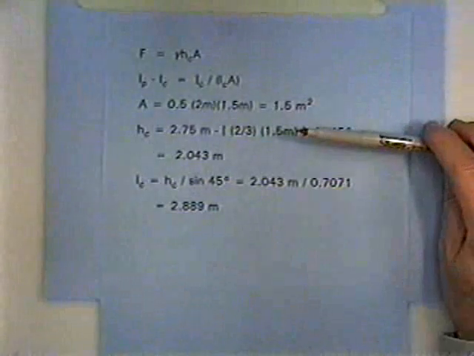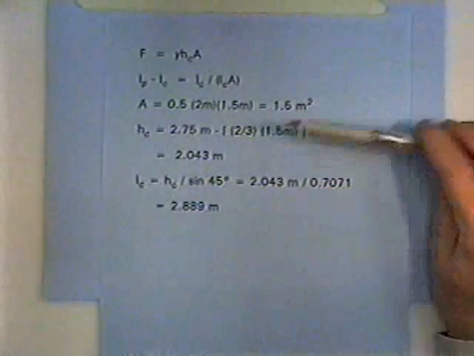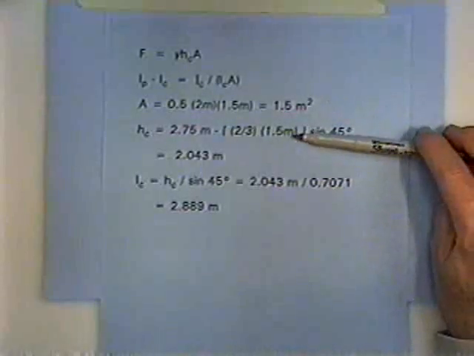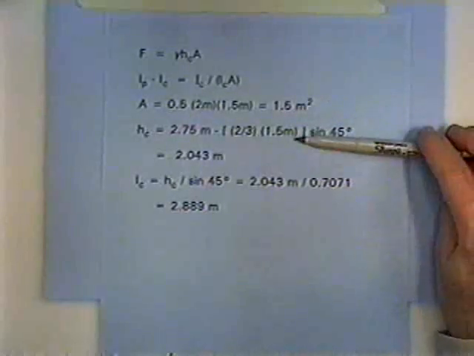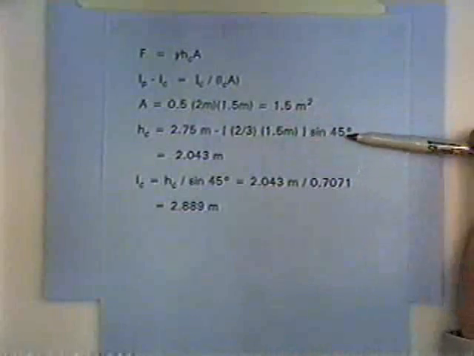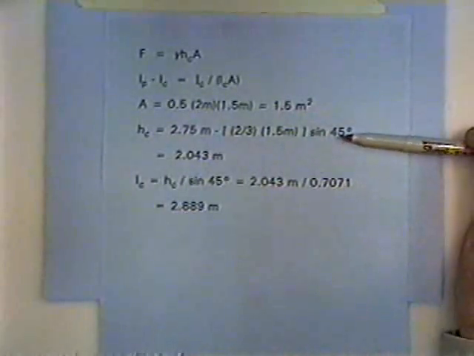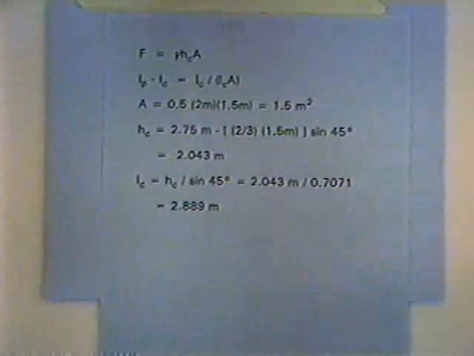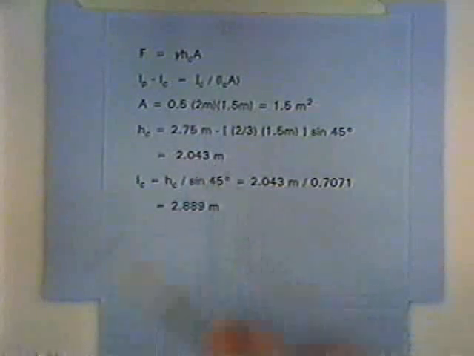The center of gravity is 2/3 of the way from the bottom, and the length is 1.5 meters measured along the incline, and the h sub c is not measured along the incline. It's a vertical height, so we've got to multiply the incline measurement by sine of 45 degrees, and that gives us our h sub c, the 2.043 meters.